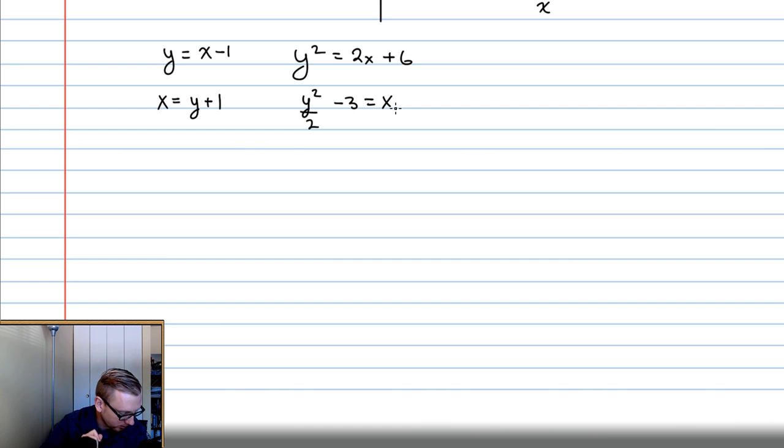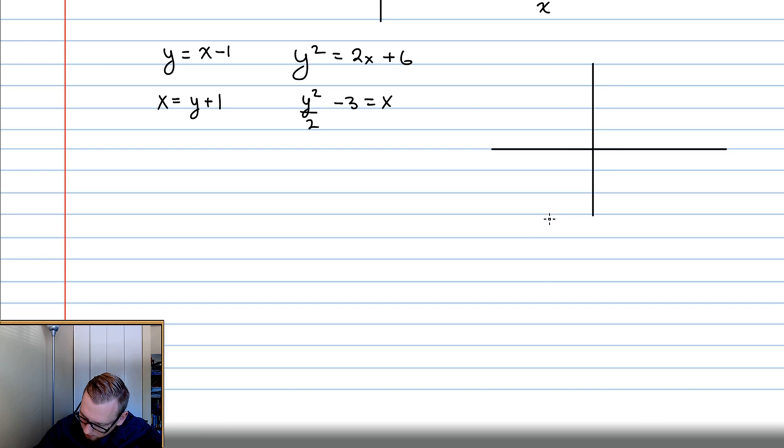Okay, now we got to graph those functions, just so we can kind of gauge where they are. So x equals y plus 1 would be, or we could say y equals x minus 1, just a regular line.